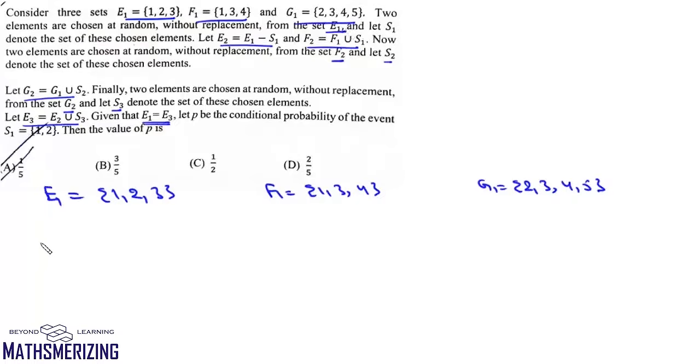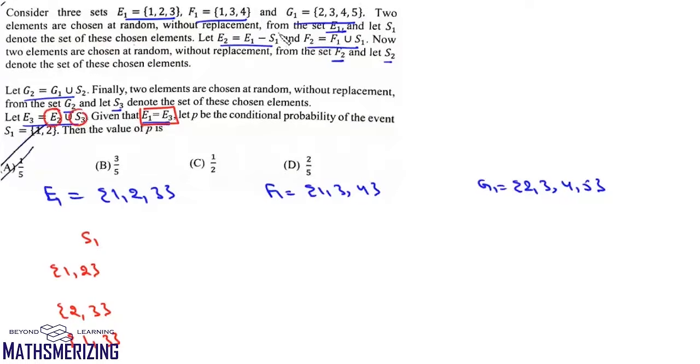Now we can choose this S1 in three ways. So this S1 can be either {1, 2}, or {2, 3}, or {1, 3}.